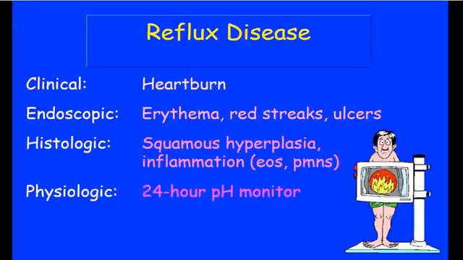Really, if you wanted to measure this precisely, there's now a little pH monitor called a Bravo capsule, which is put in endoscopically. They stick it onto the side of your esophagus about 2 centimeters above the Z line, and it will send out every hour a pH reading to a handheld device. So it's sort of like a Holter monitor for your esophageal pH, and that will really tell you whether you're having reflux or not, or at least tell you that the pH of your esophagus is abnormal.